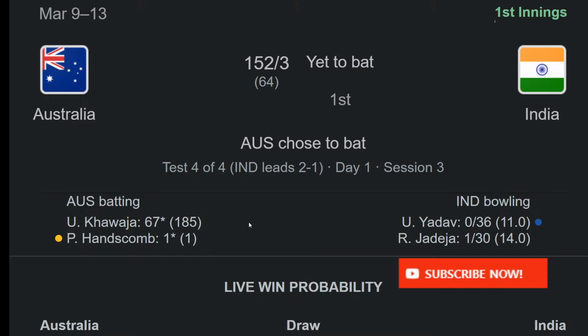There's the wicket of Smith, Steve Smith bowled by Ravindra Jadeja. Sad demise of the Australian captain.